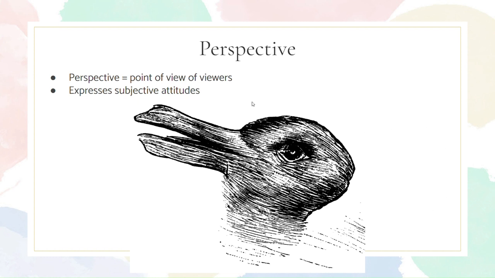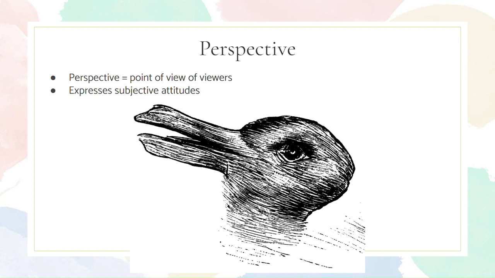This is a very good example because it gives two different perspectives, where some people may view it as a duck, some people may view it as a bunny, depending on how they look at it. So perspective works like that as well. It is the point of view of the viewers, where it is able to create different perspectives for different people based on their point of view of the image itself.